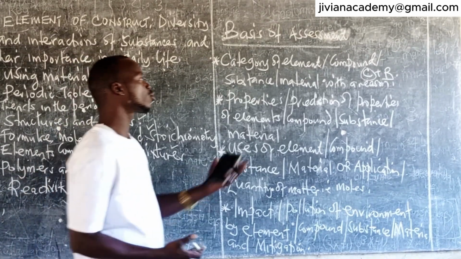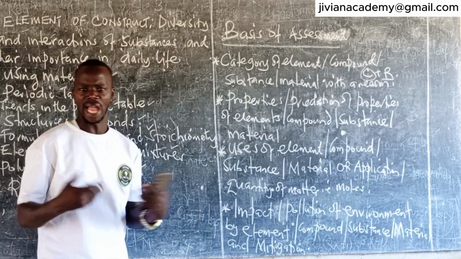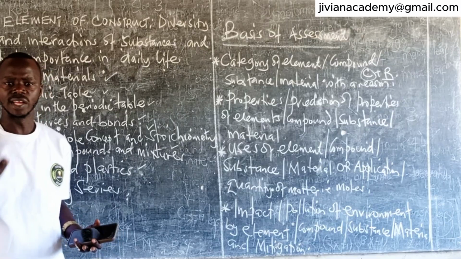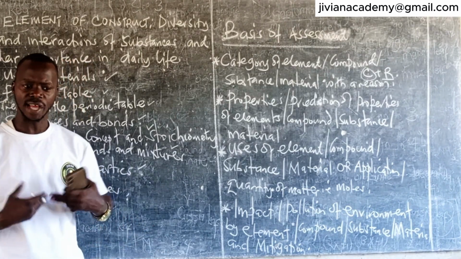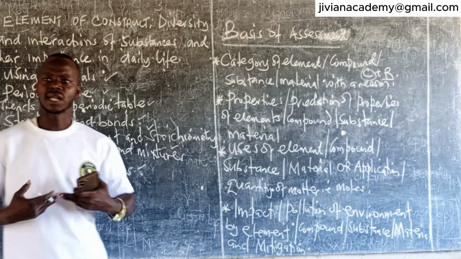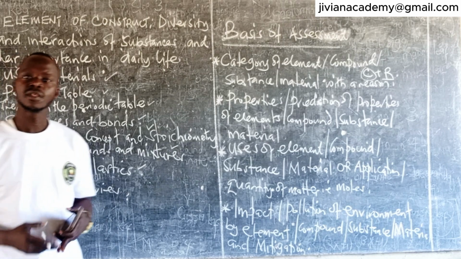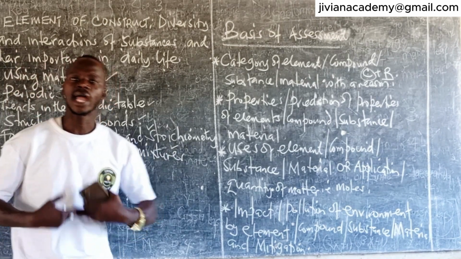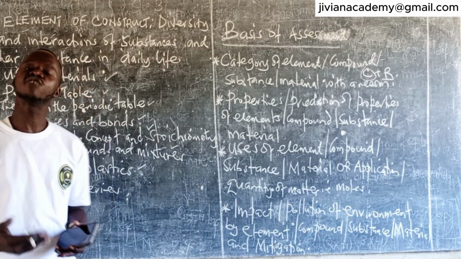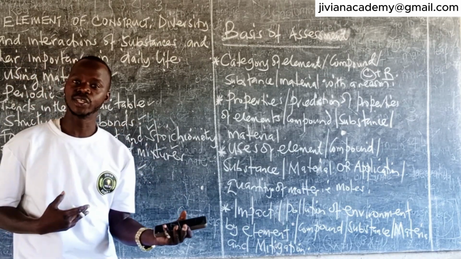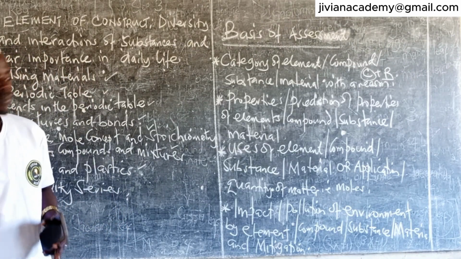If the scenario is talking about a compound, the learner should give you the categories of compound. We have the ionic compound, the covalent compound, and the metallic compound. If it is an ionic compound, for example sodium chloride, the learner is supposed to say that sodium chloride is an ionic compound because it is formed through complete transfer of electrons from the sodium atom to the chlorine atom.